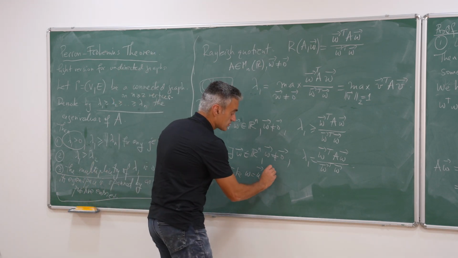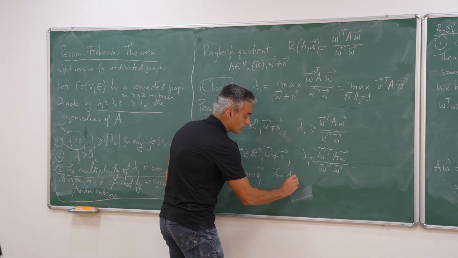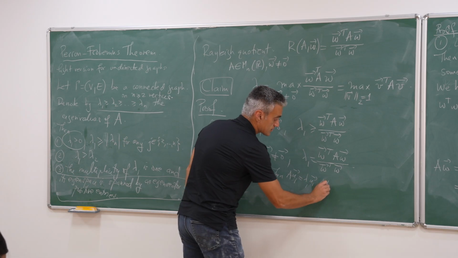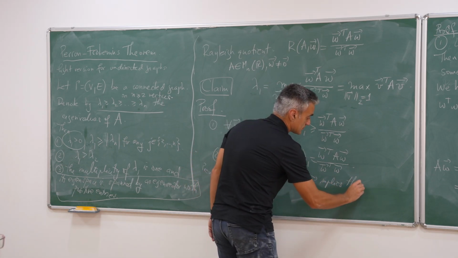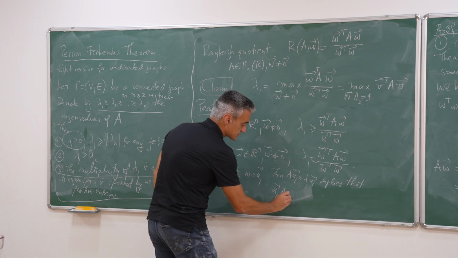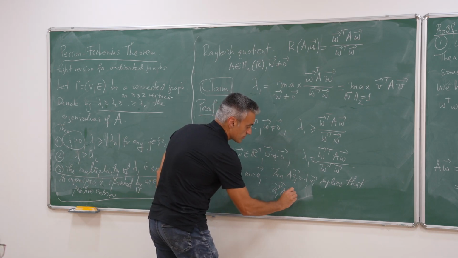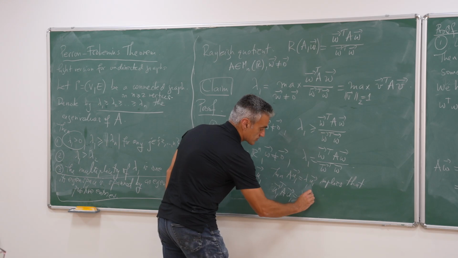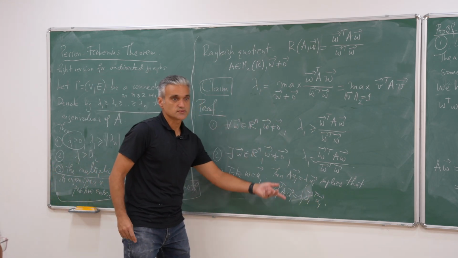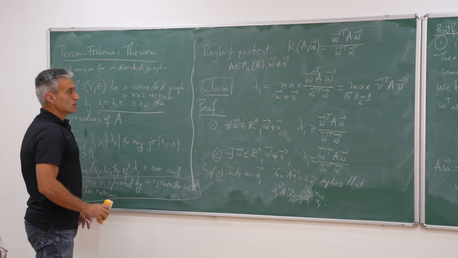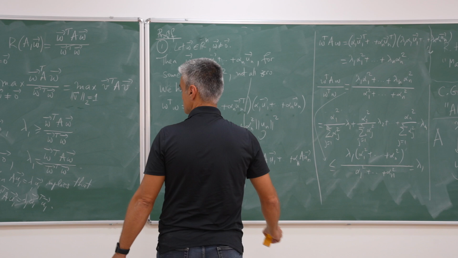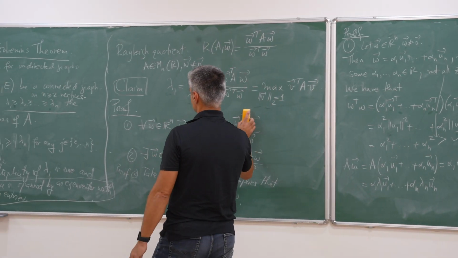So then A U1 equals lambda 1 U1 implies what we wanted, that U1 transpose A U1 equals lambda 1 U1 transpose U1. And because U1 is not 0, you can divide. Okay. All right, so that's the claim. Okay, I'll erase the proof.